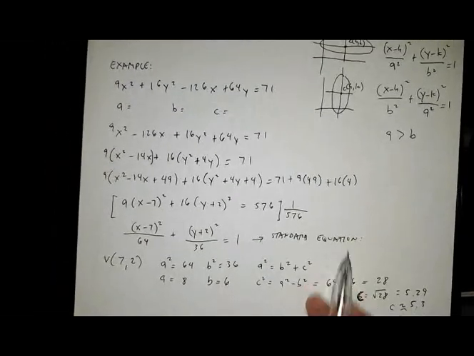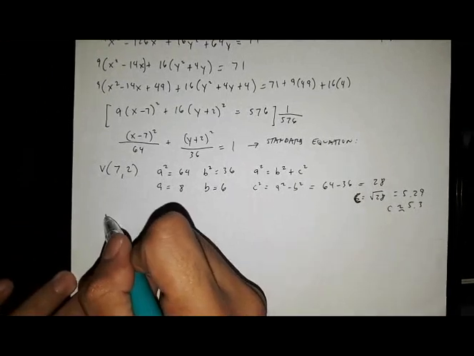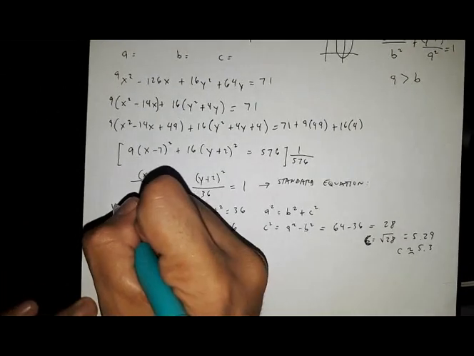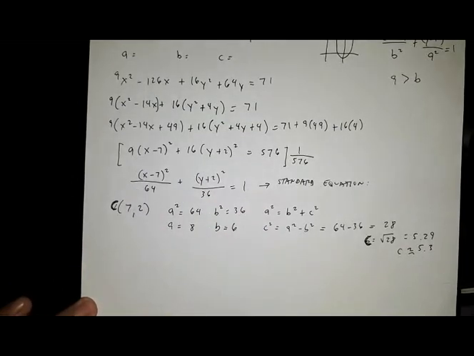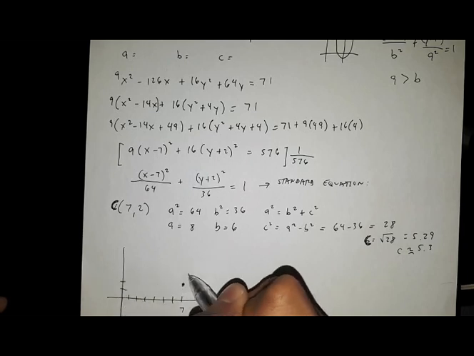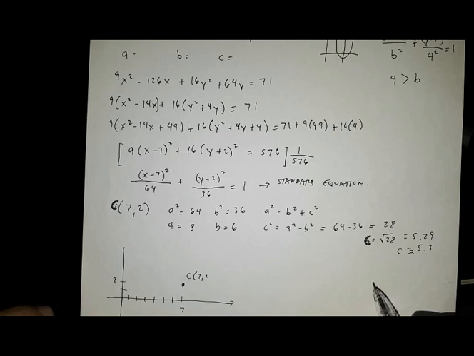Now we can draw the graph of the ellipse. So we have the center, 7, 2. So we have here 1, 2, 3, 4, 5, 6, 7, 1, 2. So this is the center of the ellipse. So the value of B is 6.